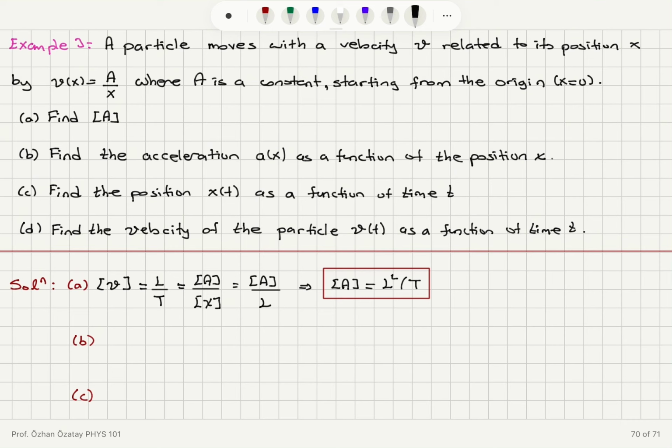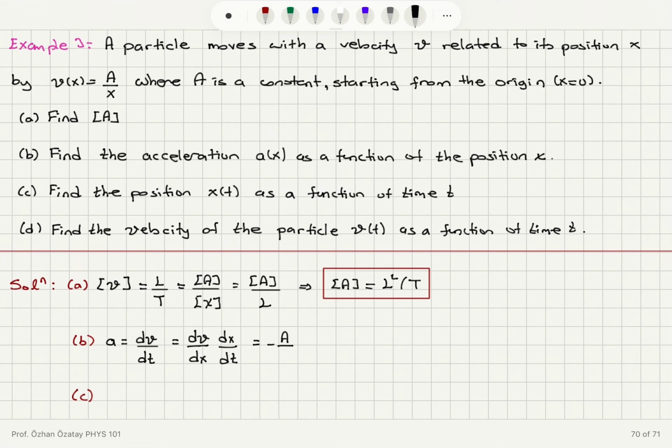What is the acceleration? Well, acceleration is related to velocity. It is dv dt. A is dv dt. And because the velocity is a function of position here, it's going to be dv dx dx dt. Okay? And what is dv dx? We take a derivative of a over x with respect to x.